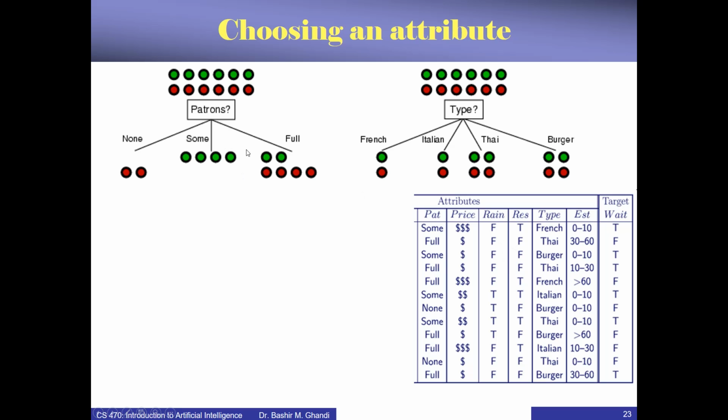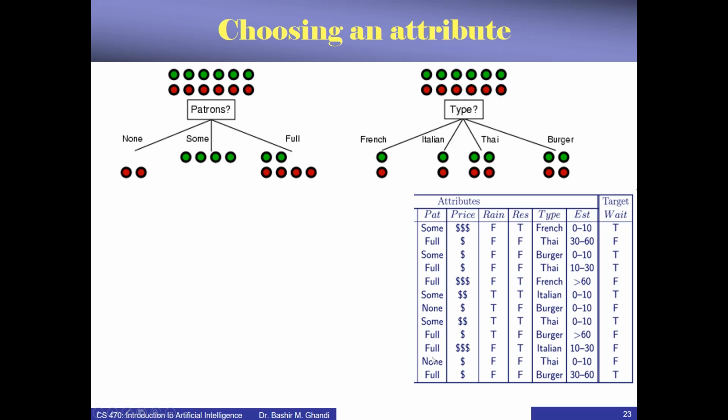But the idea here is, suppose we have chosen patrons as our important attribute based on which we wish to split the examples. Patrons has three possible values: some, full, or none. Try to count how many of them we have in each case, and what the output is.